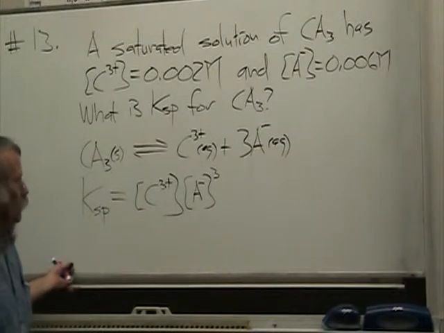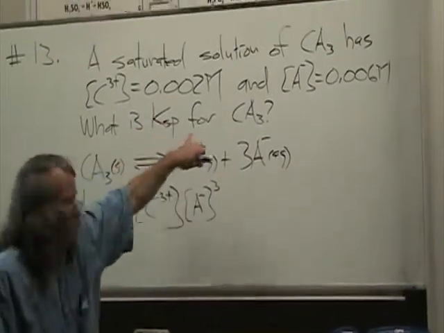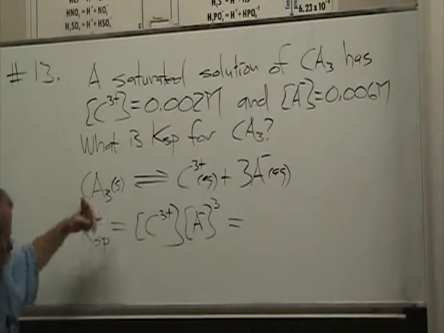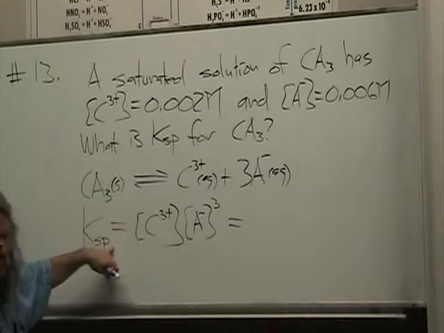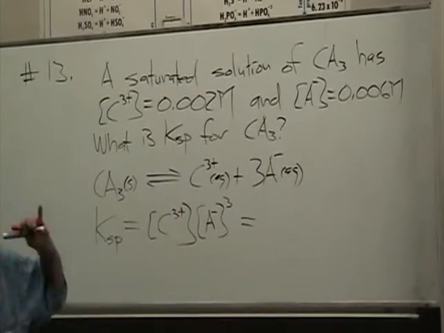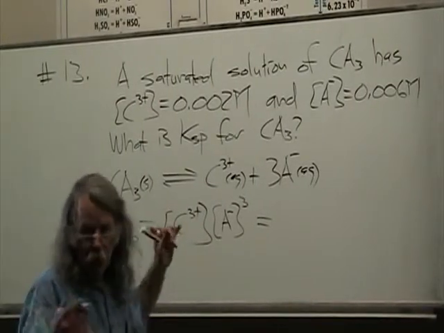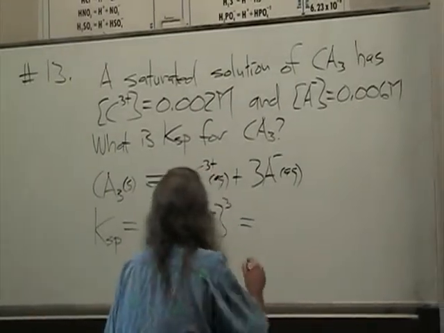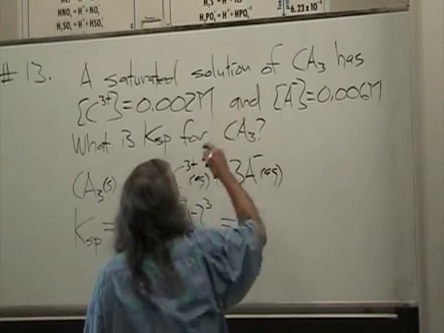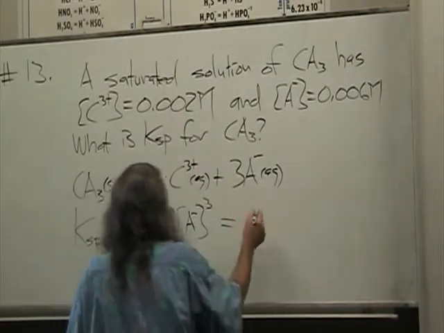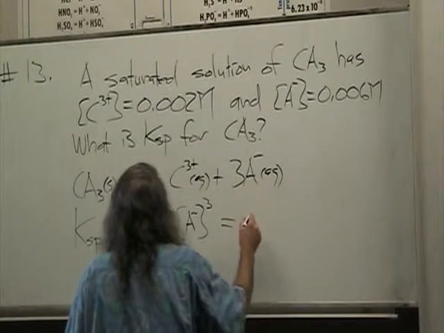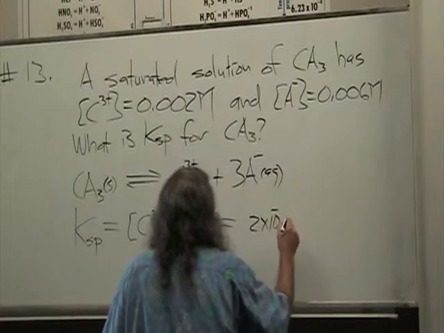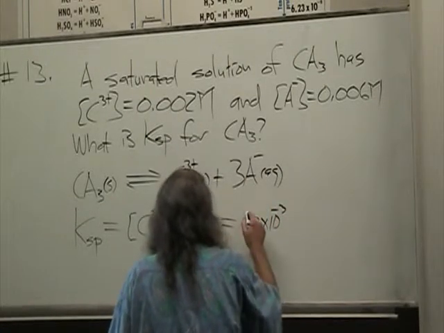And so at this point, we're just plugging and chugging because I already have these two values. So this is very straightforward. And by the way, you get most of the credit for this. If you just simply write this out, you've got the problem already solved. It's just a simple mathematical exercise. And if you make a mistake there, it's just not going to knock you that much. And so this is equal to 0.002. Well, I'm going to rewrite that as 2 times 10 to the negative what? 3. Okay.